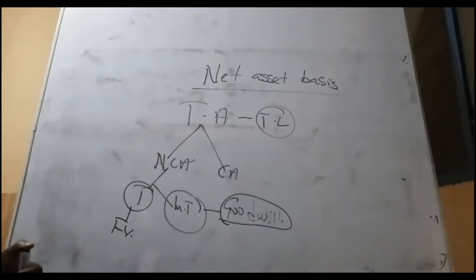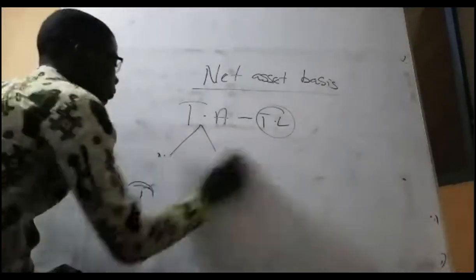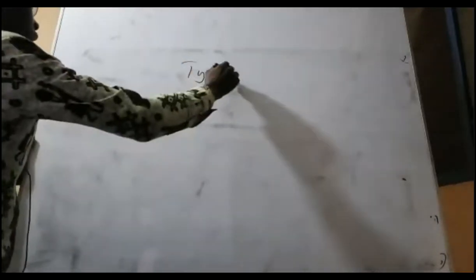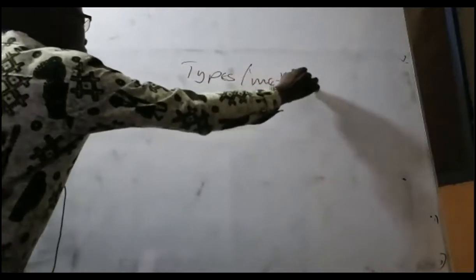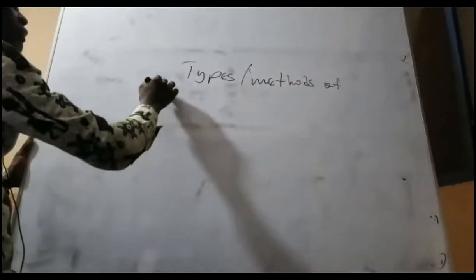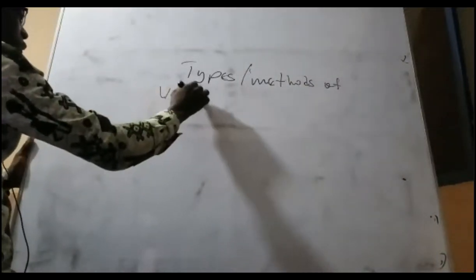Great. Okay, so that is it. So let's look at the goodwill. There are two methods out of the many. So types of methods of valuing goodwill under the net asset method.